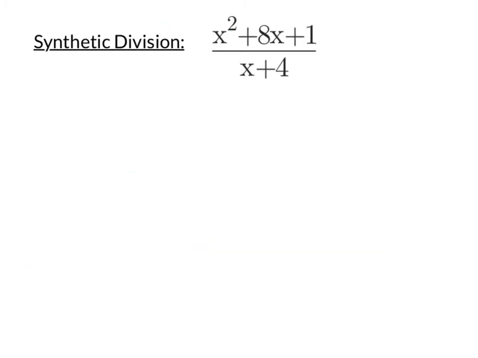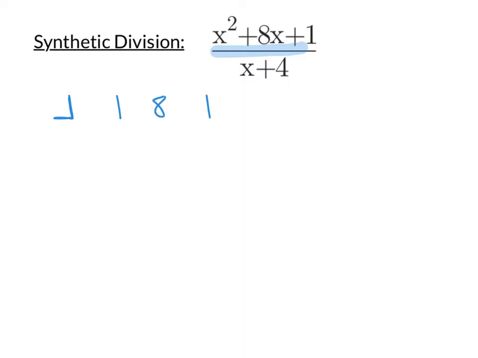If you need to pause and take a break, now would be a good time before we get into division. But just as a reminder, when it comes to synthetic division, the process of how we do it, we first lay out the coefficients of our numerator. So that would be 1, 8, and 1.